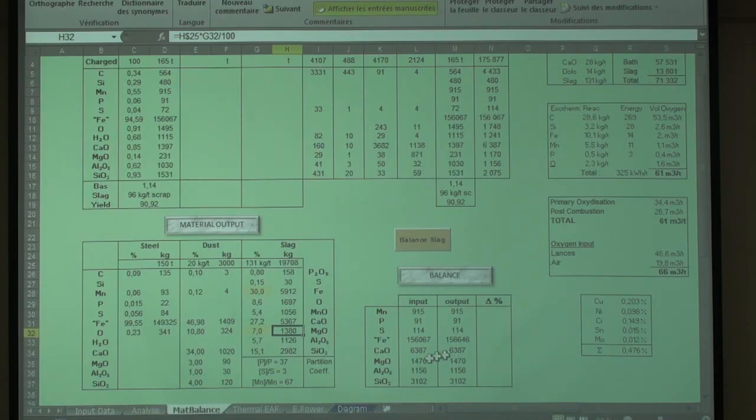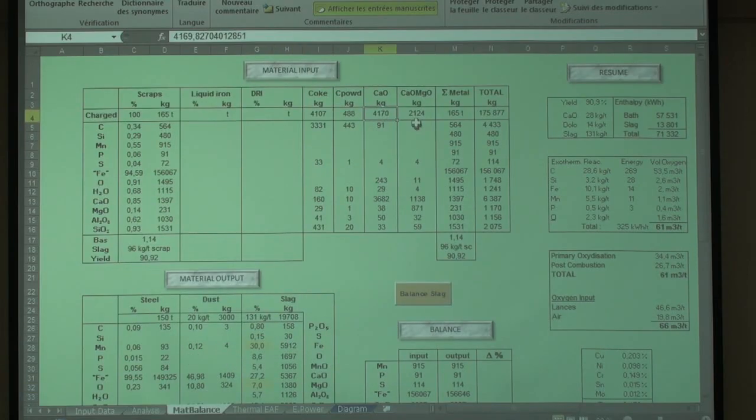You see input output. I could have put a formula here, but it was more complicated. It was easier for me to put a goal-seek function.